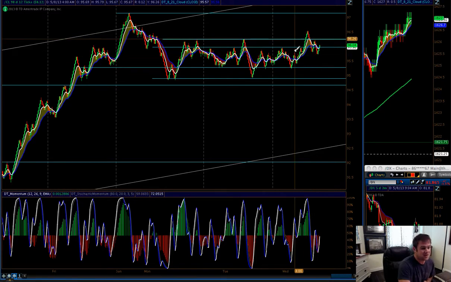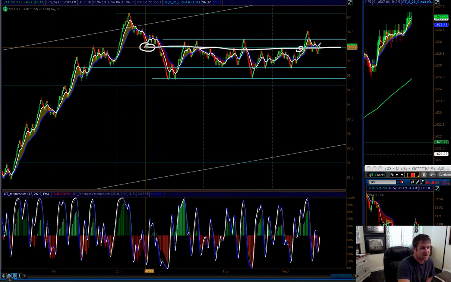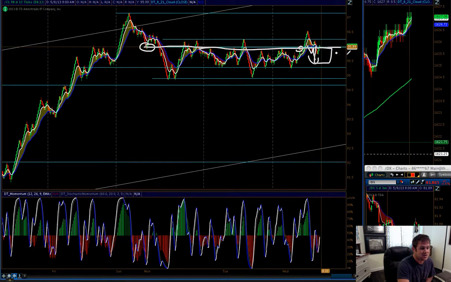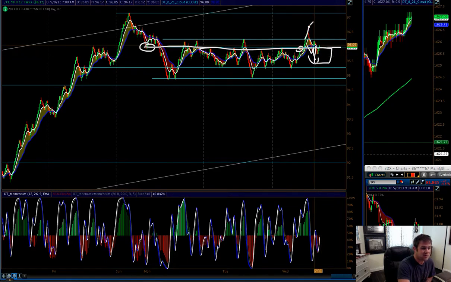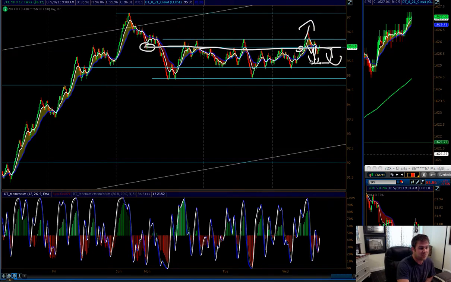Now, to the downside, when the market opened up here, look left, we had support here. And we said if we break down below, we have a big area here to trade down below as well. Just like we had a lot of room to run to the upside, we have a lot of room to run to the downside until we found this support down here at 95 quarter.